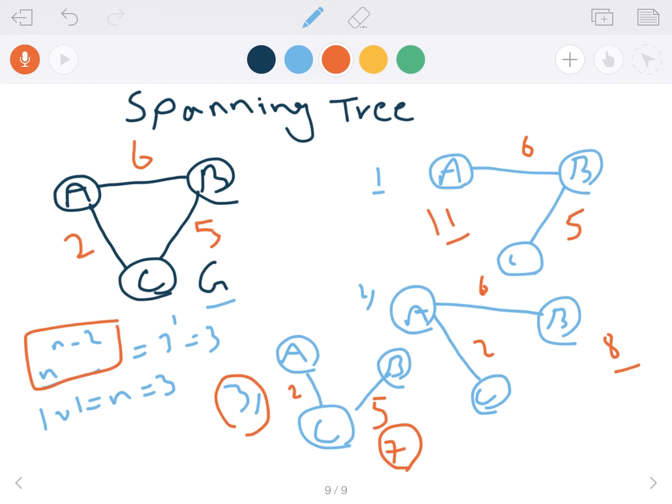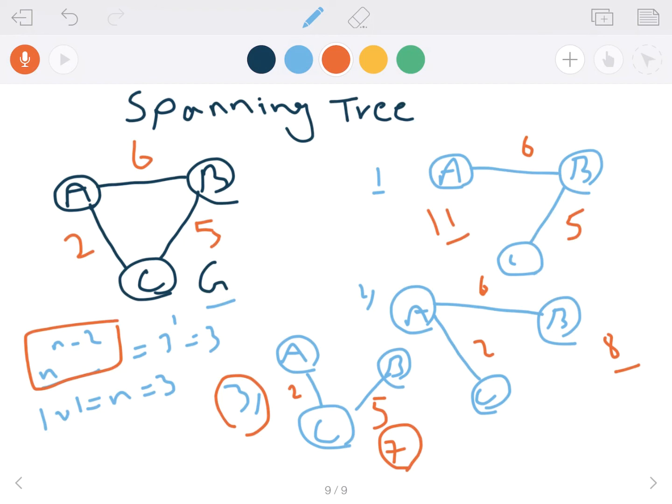For example, for a graph with n equal to 10 vertices, it's going to be 10 to the power 8. That is a very big number. So brute force means finding all n to the n minus 2 spanning trees, then sorting the spanning trees by their cost and choosing the minimum value.